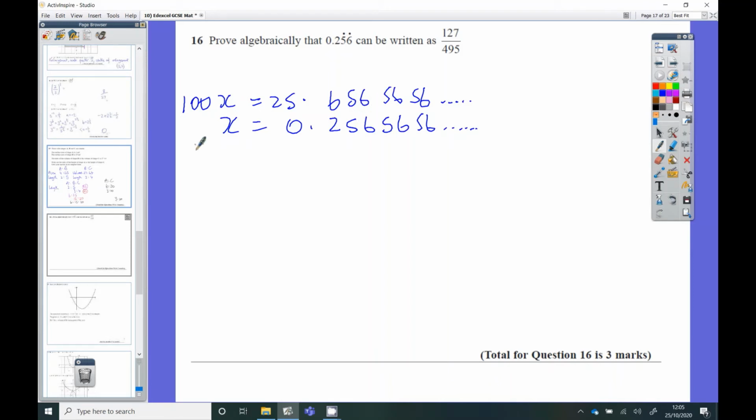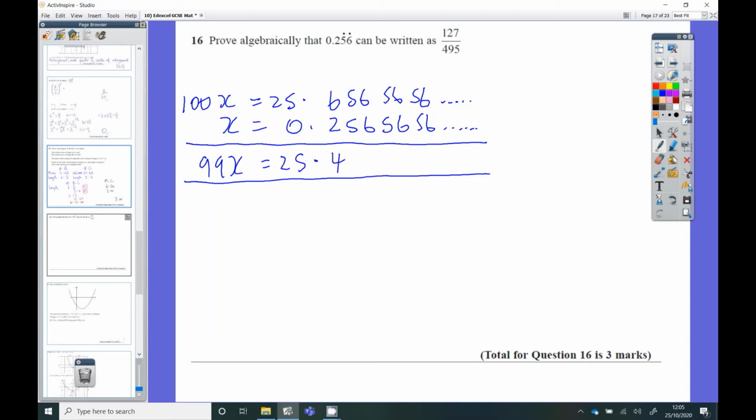So when we now take away the bottom one from the top one, 100x take away x is 99x, and 25.656565 and so on take away 0.25656565 leaves us with 25.4, because from thereafter it all cancels out. 5 take away 5 is 0, 6 take away 6 is 0, and so on.